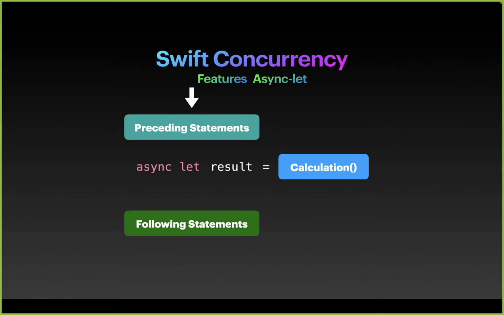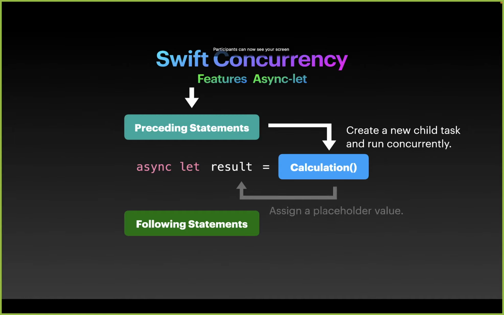Now when it comes to the result, you can create a new child task and run this calculation function concurrently. This calculation function is some defined async function. When we get to the calculation function, you just assign a placeholder value to this result. It's just some placeholder.